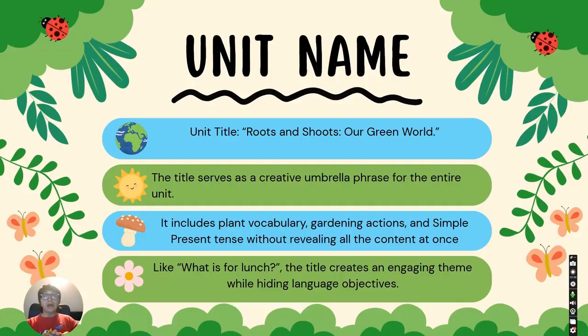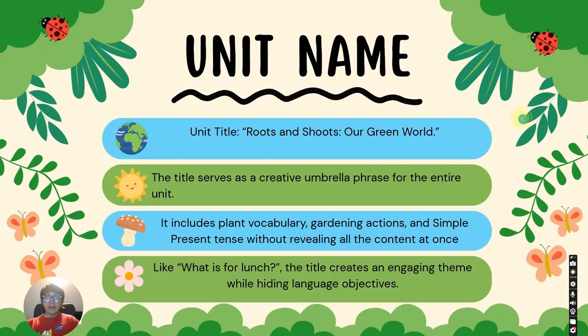It's creative and open enough to cover the content that we want to teach to the students, since we are going to include plant vocabulary, gardening actions, and simple present tense without giving everything away at once, just like the example in the thematic module we had, What Is for Lunch? This title sets a theme without listing every grammar point or word, like overloading information, basically.